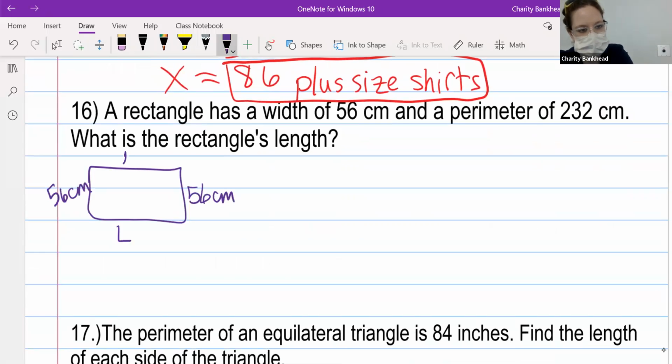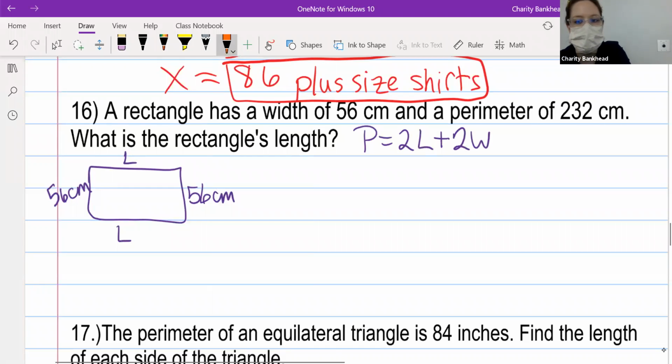And we want to find out the length. So perimeter is the distance around it, like adding up all of the sides. So you could say L plus 56 plus 56, or you could use the formula, which is just simplified. So 2L plus 2W with the perimeter.